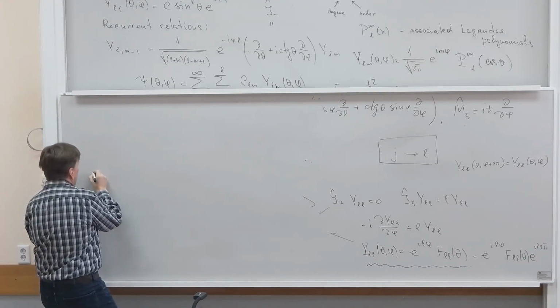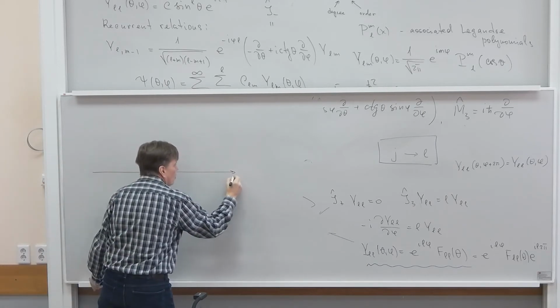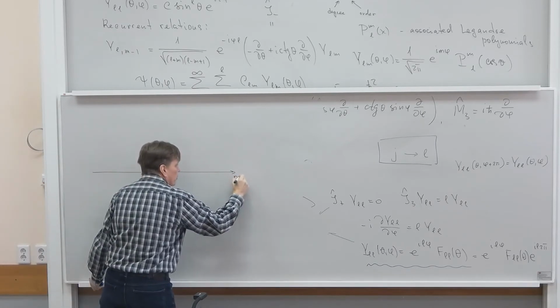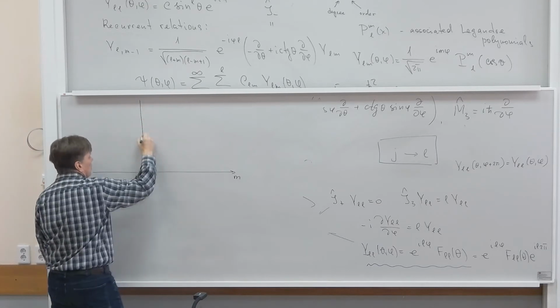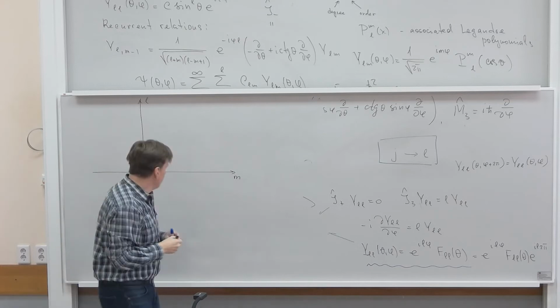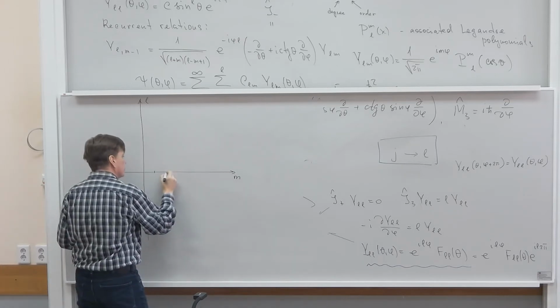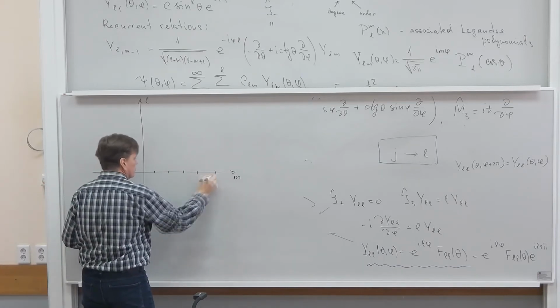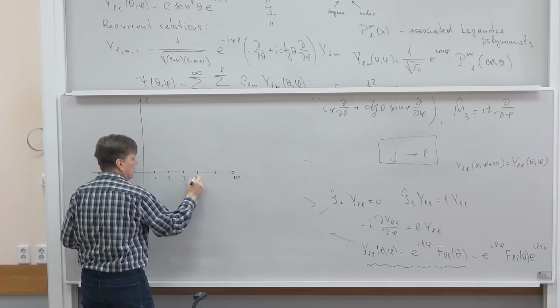The horizontal axis for the possible values of m, the vertical axis for L, and now one, two, three, four.